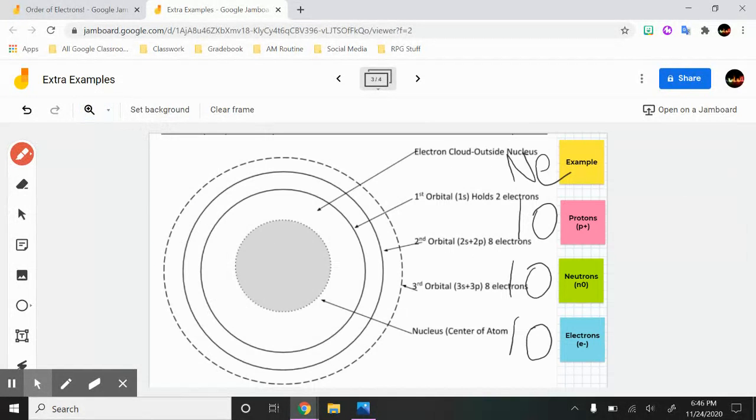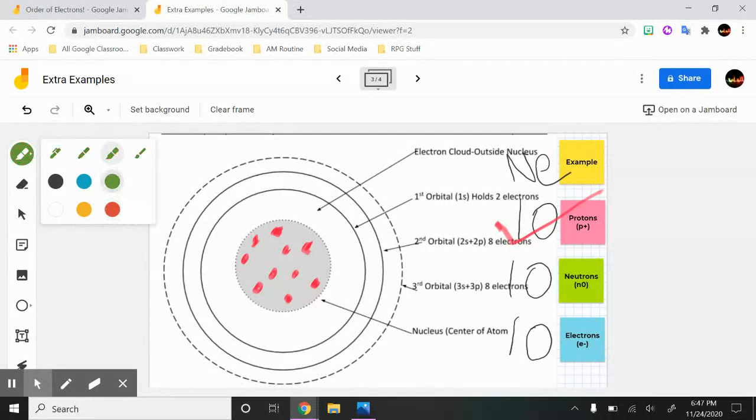Okay, 10 protons in the nucleus: 1, 2, 3, 4, 5, 6, 7, 8, 9, 10. Now 10 neutrons in the nucleus: 1, 2, 3, 4, 5, 6, 7, 8, 9, and 10.